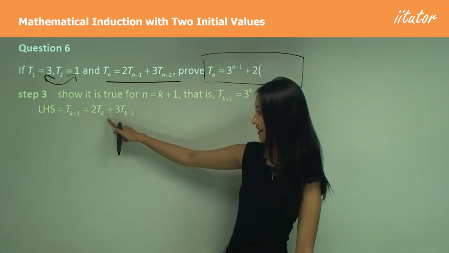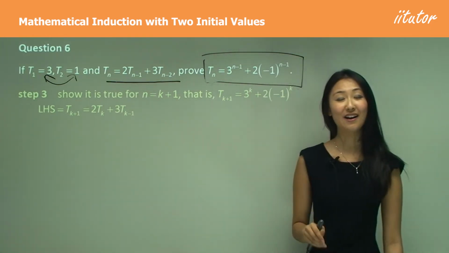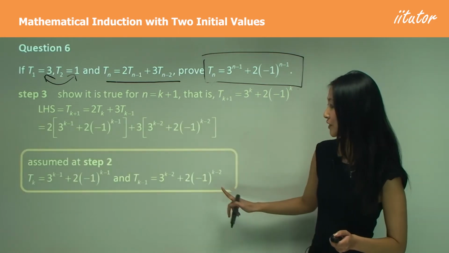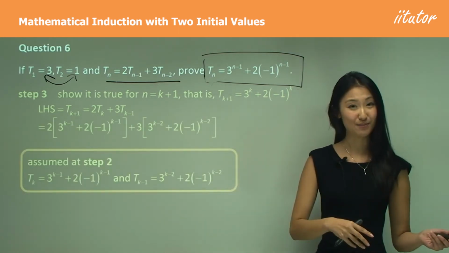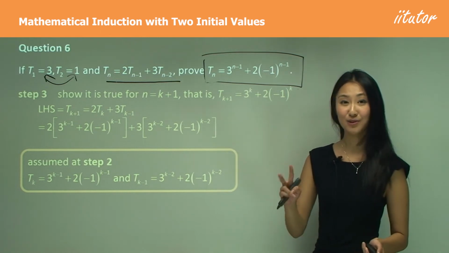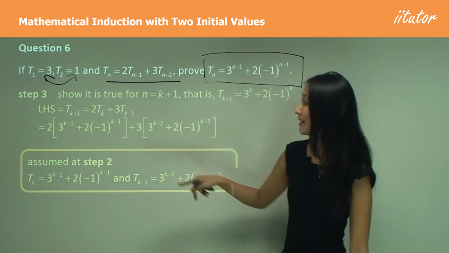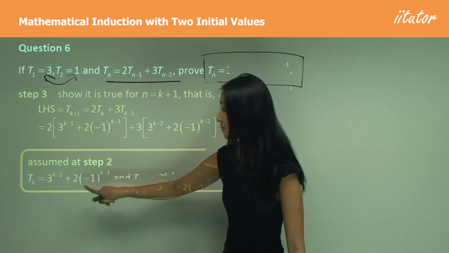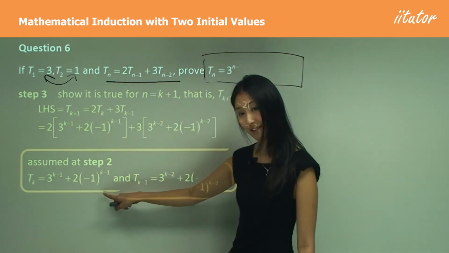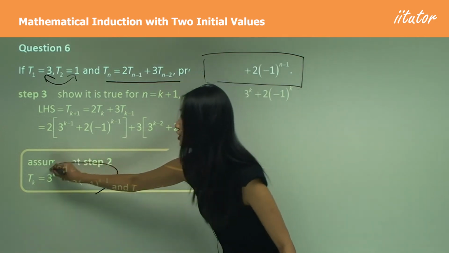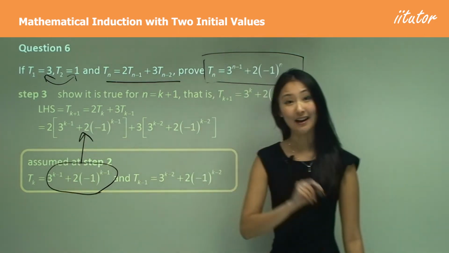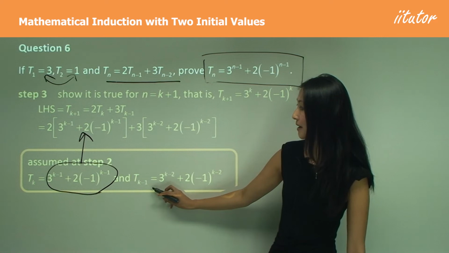So I know the left-hand side does equal this. You can see we have t_k here and t_(k minus 1), and that should remind you of the 2 assumptions that we had in step 2. So remember how I said if we have 2 assumptions, then we have to use both of them. So that's exactly what I'm doing. So instead of t_k, we know that t_k equals this. So I'm just substituting this into here. And here we have t_(k minus 1).